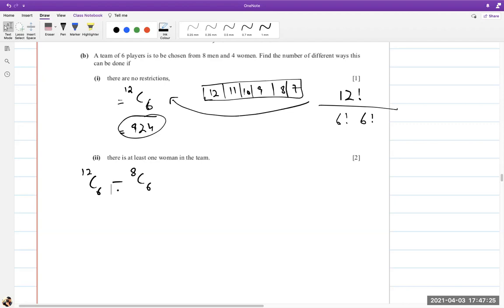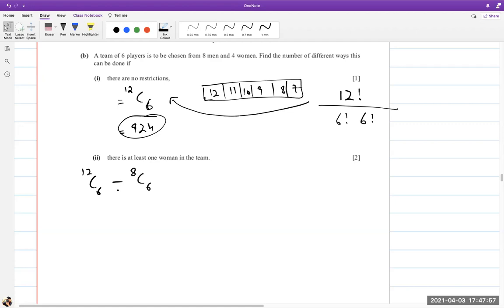So if I include at least one woman, that means there is one woman and 5 men, 2 women and 4 men, 3 women, 3 men, 4 women, 2 men. You get the idea, right? Yeah. So that will mean that I will have to calculate 5 or 6 different combinations, 5 or 6 different ways of picking a team, and then adding them all up to know अच्छा total कितने तरीके हैं.